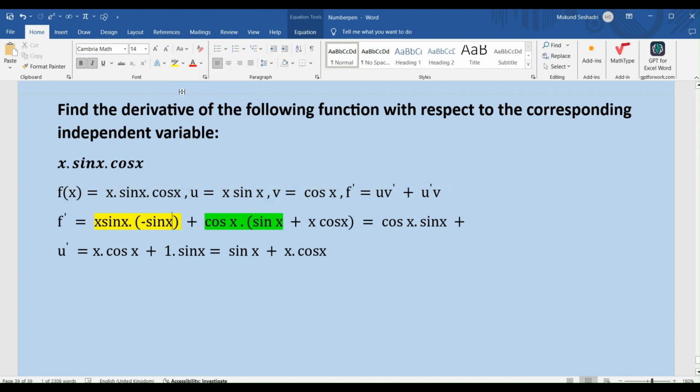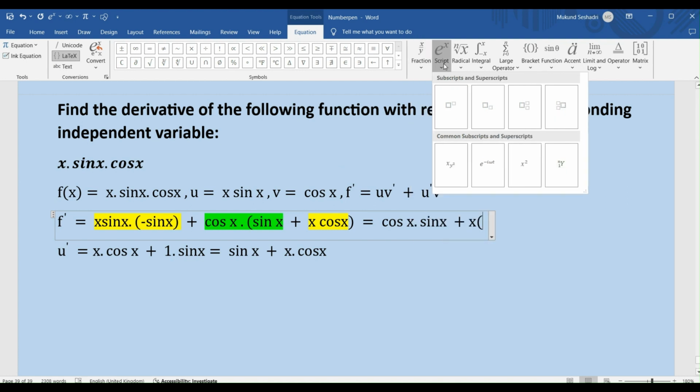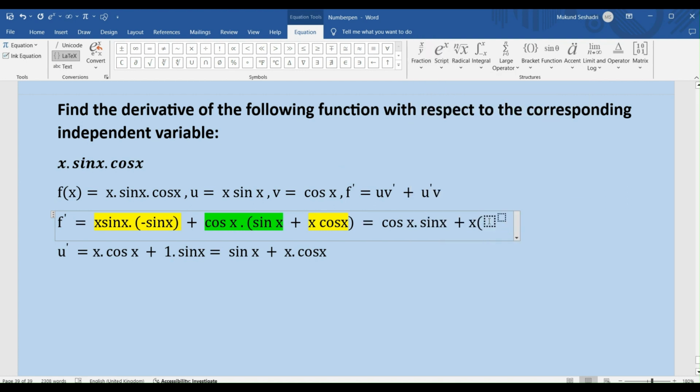This is a minus of x sine square x, and this expression along with the cos x, which is outside, is nothing but an x cos square, right? So I can pull out the x which is common, and then I can write this as cos square x minus sine square x, right? What is my cos square x minus sine square x? It's nothing but cos of 2x, right?